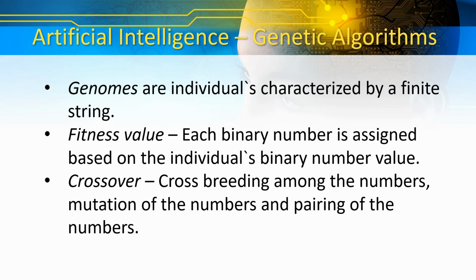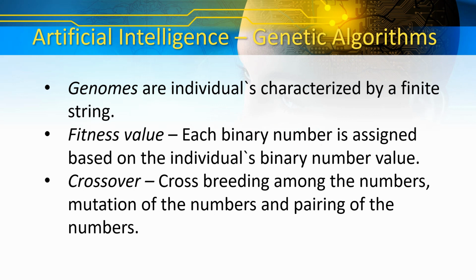So let's think of an example. If the population of the first generation of individuals consists of random binary numbers, and the problem is to find the minimum binary number that can be represented by an individual, each binary number is assigned a fitness value based on the individual's binary number. The smaller the binary number represented by a parent individual, the higher the level of fitness assigned to it.